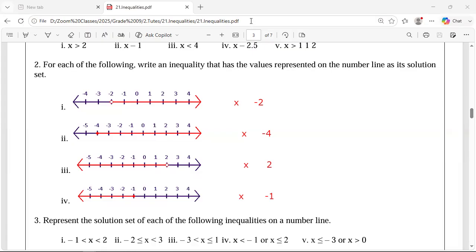Okay, so you have done it, right? So in the exam, they might give you something like this, and they will ask you to write down the inequality represented on this number line. Definitely, in the exam there will be a question, in the essay paper or the short question paper.